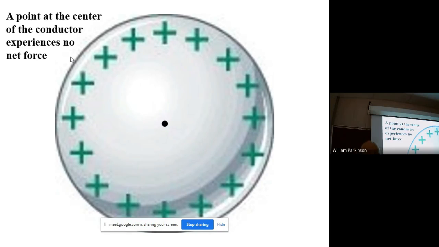So let's suppose I have about 16 or so positive charges distributed along the edge of this solid or hollow conductor. I don't care. Let's say solid, just for the fun. They still would all be on the outer edge because they're repelling each other as far away from each other as they can get.